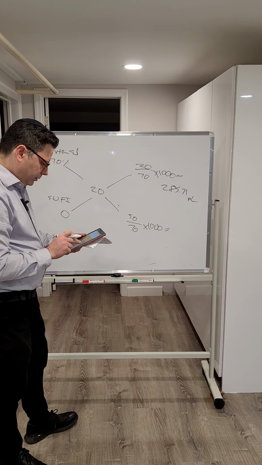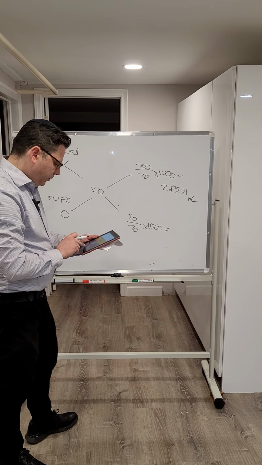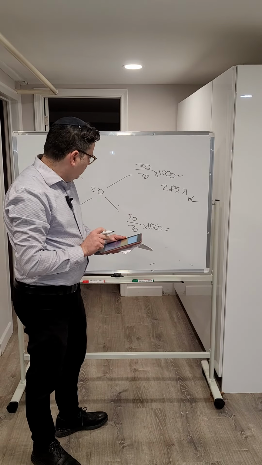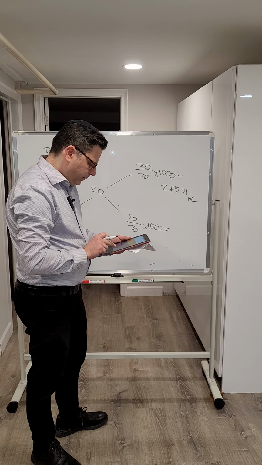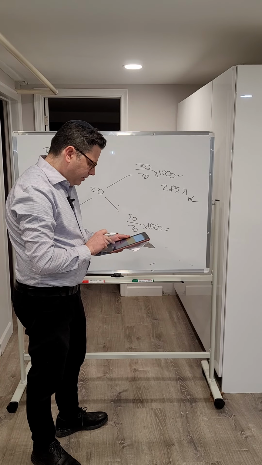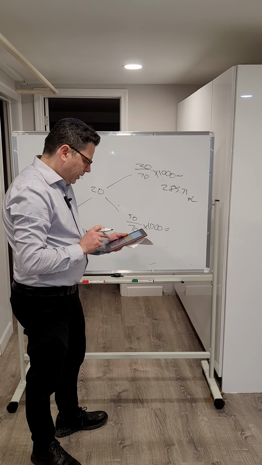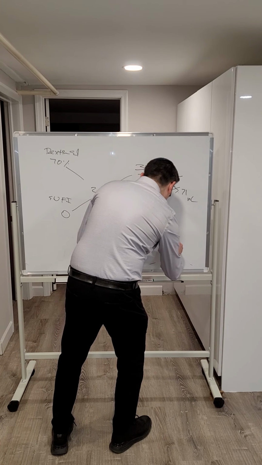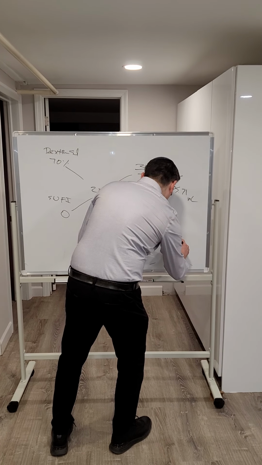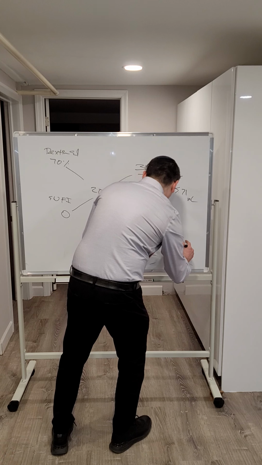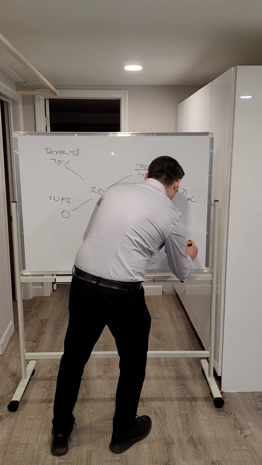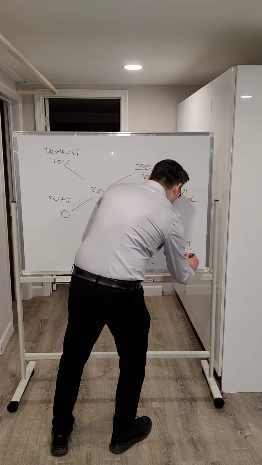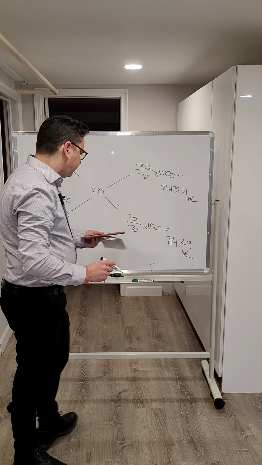And then we're going to do 50 divided by 70, multiplied by 1,000. That's going to be 714.29 milliliters. We're rounding off to the nearest hundredth.